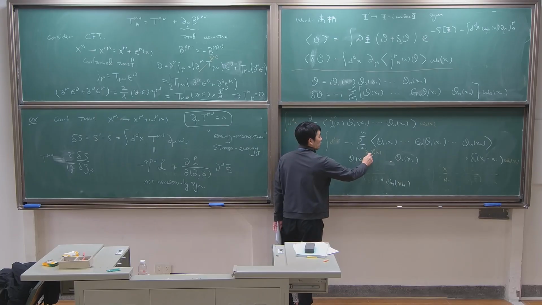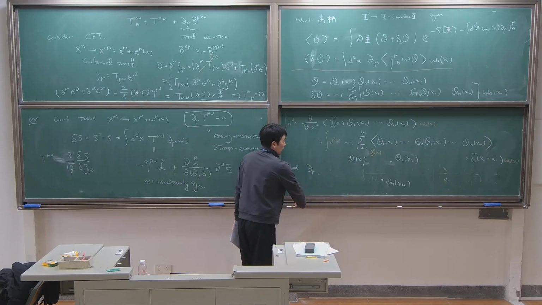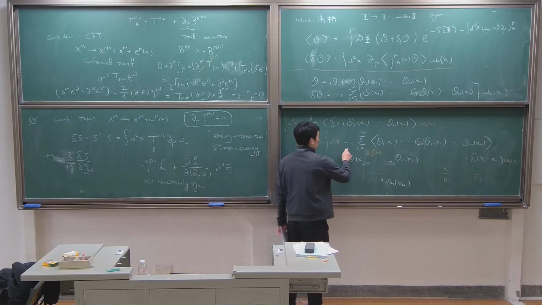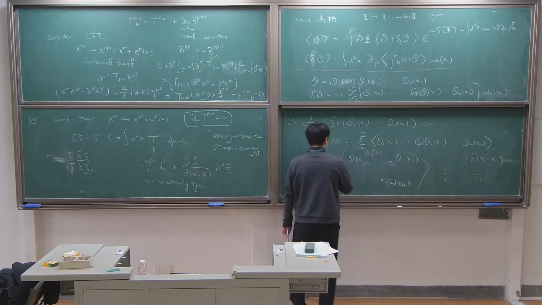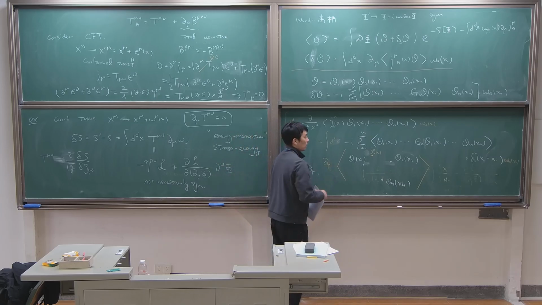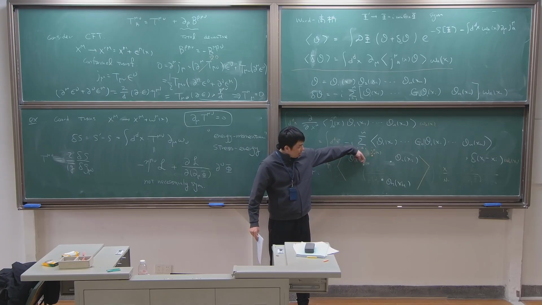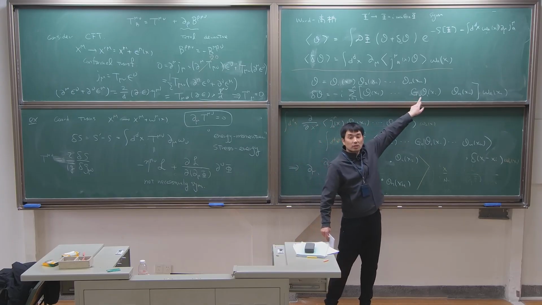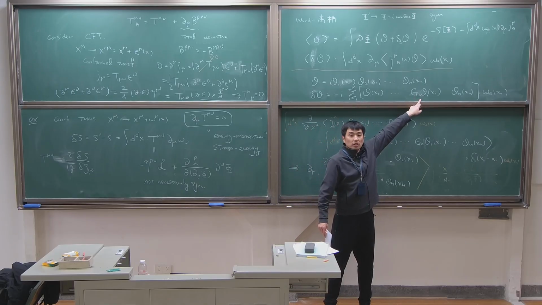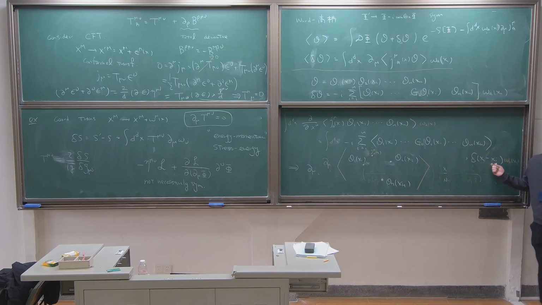If you want the correlation function of this and take the derivative with respect to mu of x, if the points are different, it's 0. But if just this J A approaches the operator Oi, it acts as a symmetry generator, with the delta function.